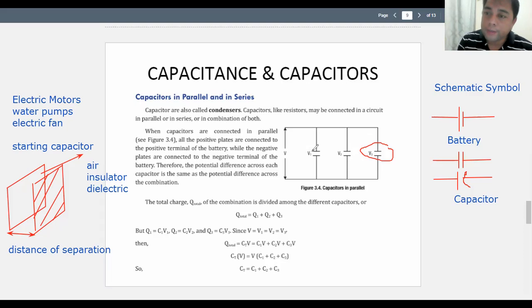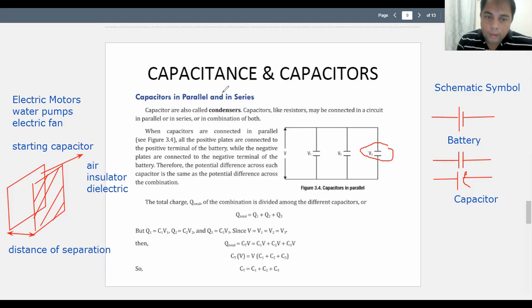They share the same voltage. But again, when you remove one of them, you don't have to worry about switching the others off, because they are separate from each other. Those are some characteristics of parallel connection.